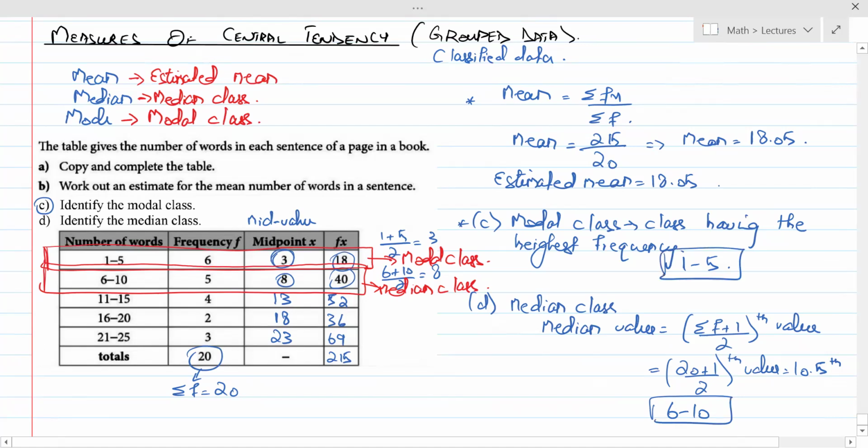So this is how we work it out for the group data. We can refer to one more example.